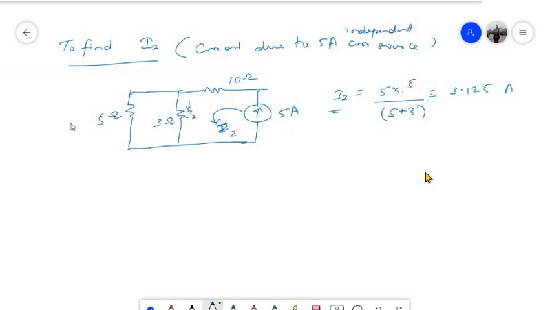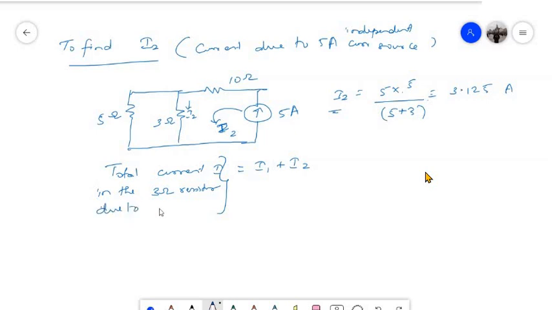So we have computed I2, and we have computed I1. Therefore the total current I will be I1 plus I2. This is the total current I in the 3 ohm resistor due to the 20 volt and 5 ampere independent sources.